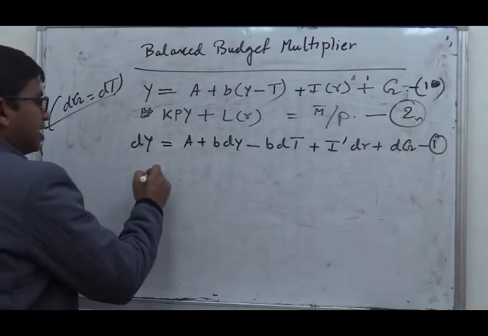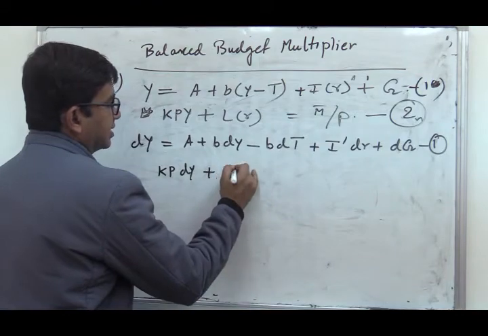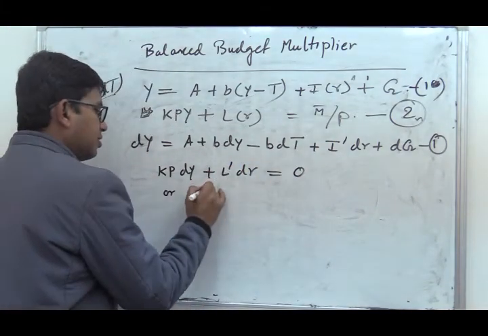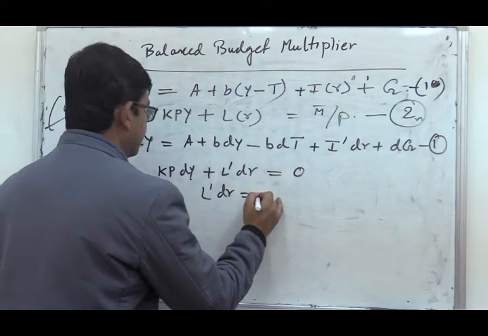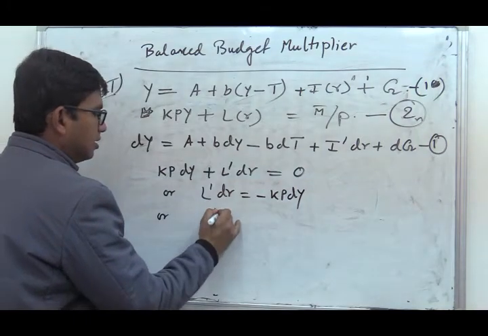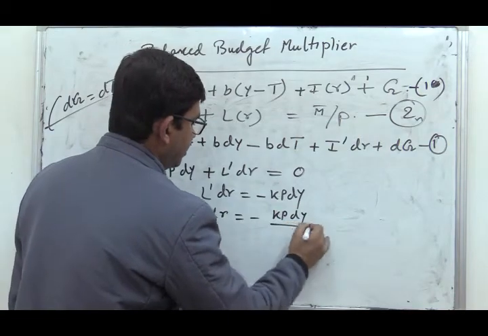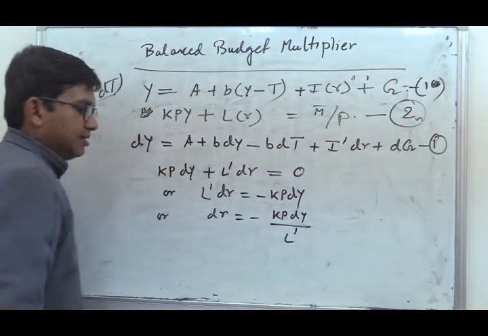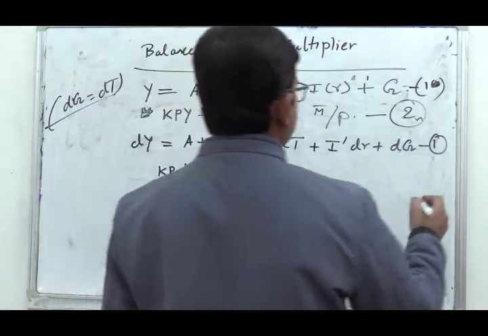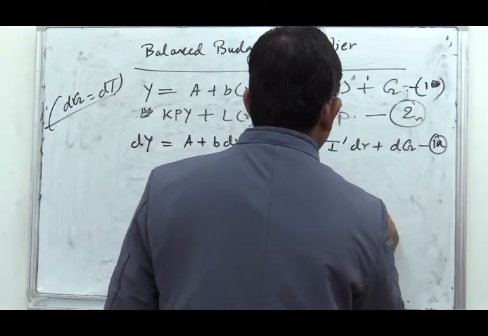And if we differentiate the money market equilibrium, we get kP into dY plus L dash dr equals 0, or L dash dr equals minus kP dY, or dr equals minus kP dY divided by L dash. So this is equation 1a, this is equation 2a.